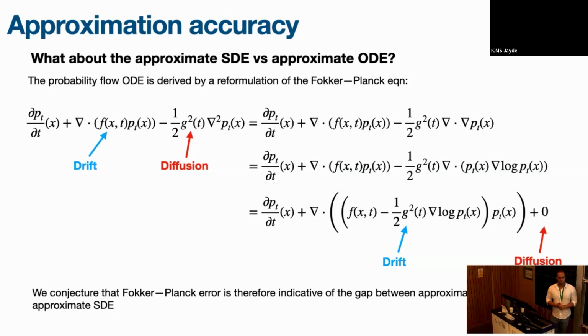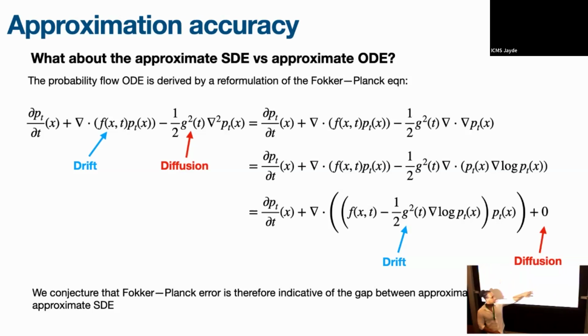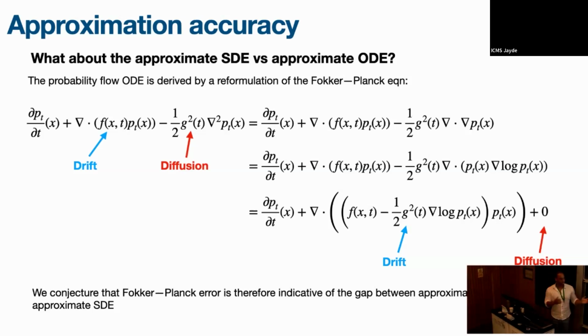Our motivation was that you derive this probability flow ODE just by reformulating the Fokker-Planck equation. If you've got a Fokker-Planck equation up here for the forward process, all you do is a few lines of algebra and you move this diffusion term into a drift term. And so you can look at this as a Fokker-Planck equation with zero diffusion, or a transport equation.